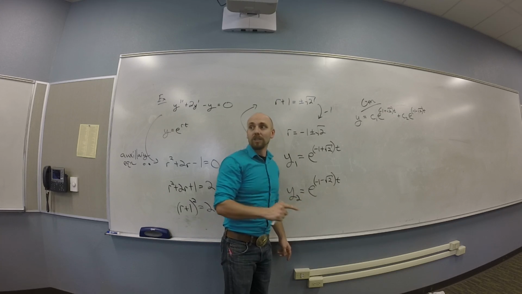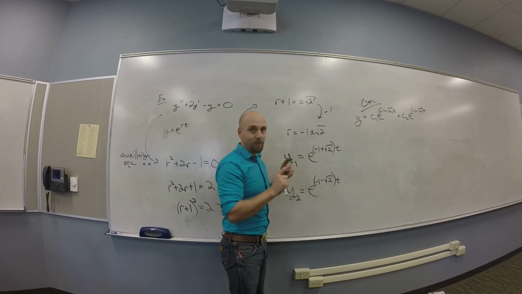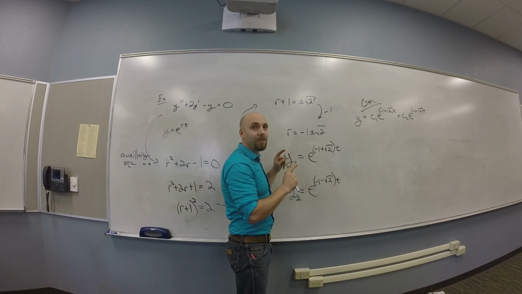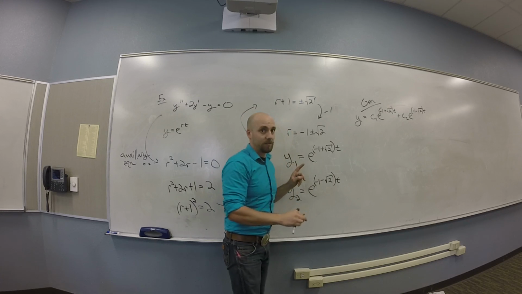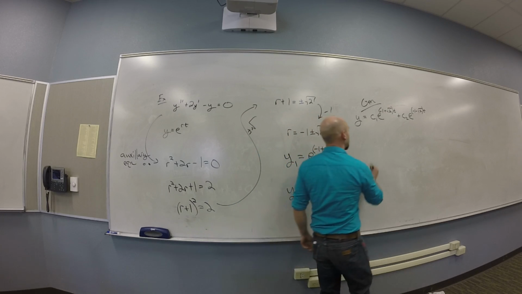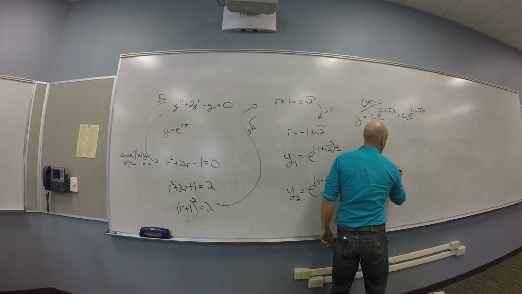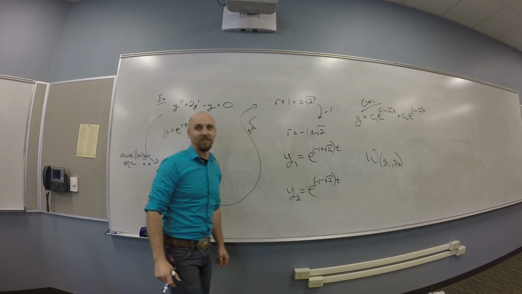The what now is a little bit beyond this, but you kind of tack something extra on. The thing I want to give you guys before we're done for the day is a Wronskian. When you have two solutions like this, there's a thing called a Wronskian that's a function of two functions.